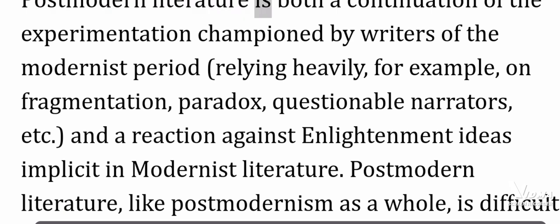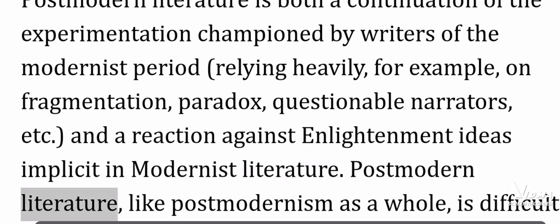Postmodern literature is both a continuation of the experimentation championed by writers of the modernist period, relying heavily, for example, on fragmentation, paradox, questionable narrators, etc., and a reaction against Enlightenment ideas implicit in modernist literature.